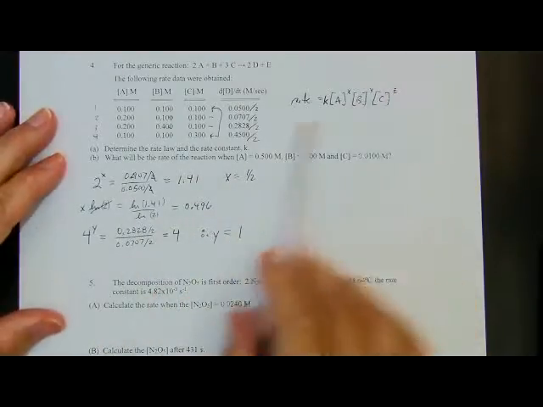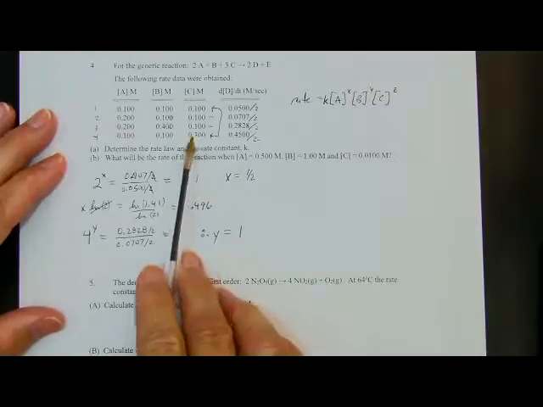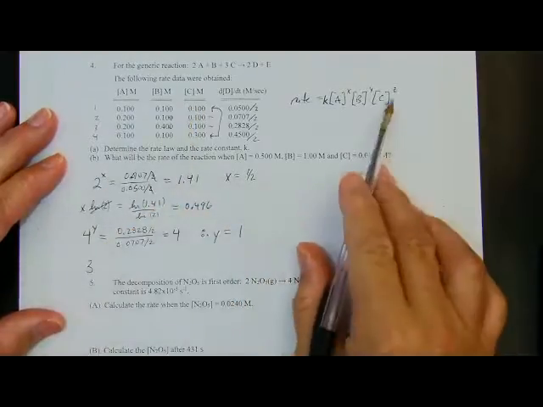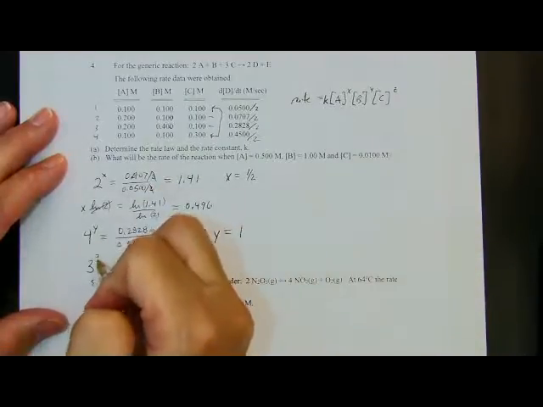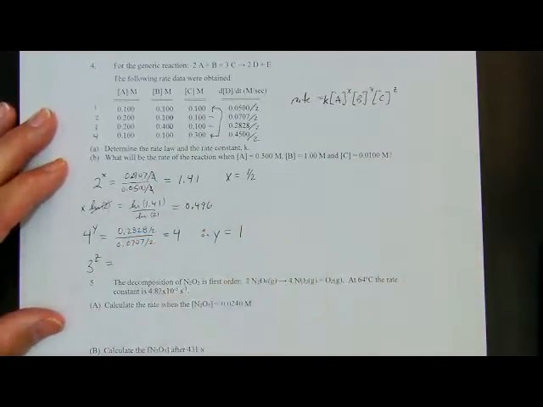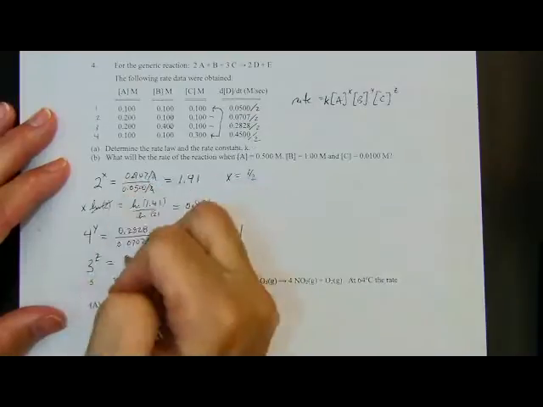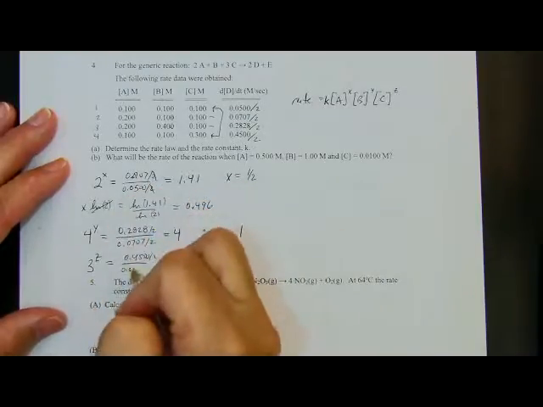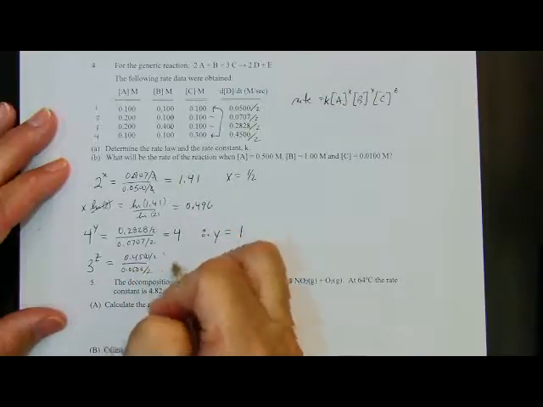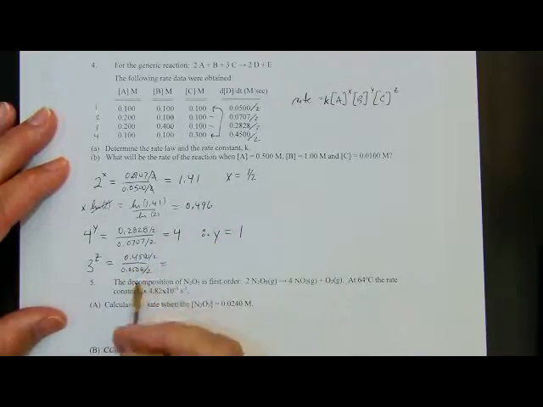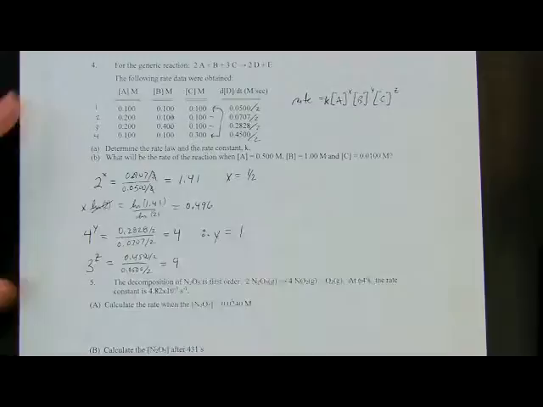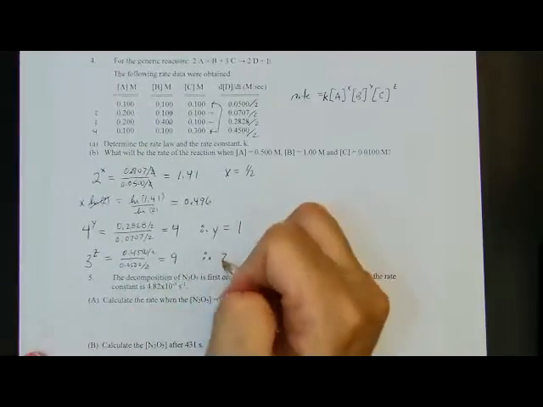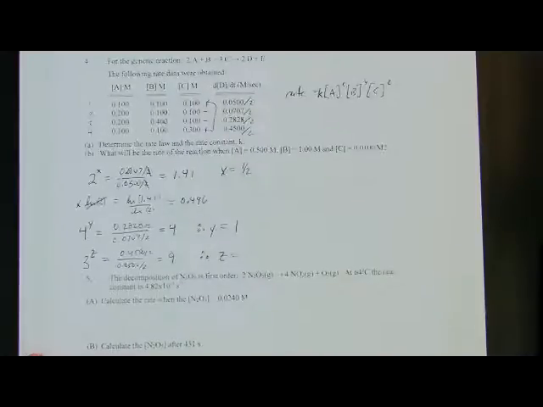So here I've got a ratio of 0.3 to 0.1, which is 3, raised to the z power is equal to 0.4500 divided by 2 over 0.0500 divided by 2, and that is equal to 9. So therefore, z is equal to 2.